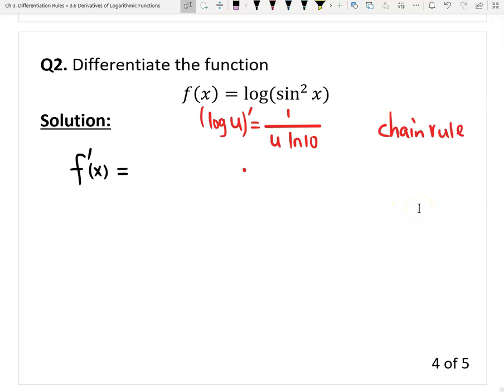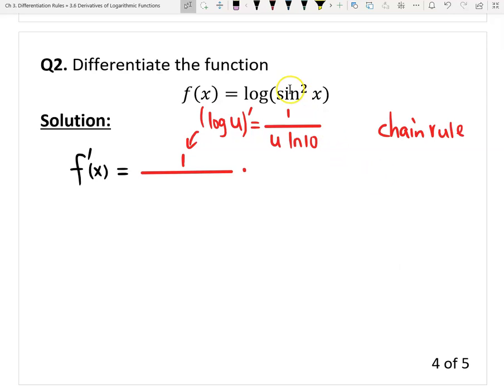We plug this in, and then we get the derivative of the outer function. Let me put the fraction there. I just copy, right? So the top is 1. The bottom is u. What is u?